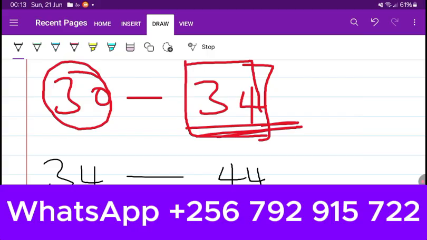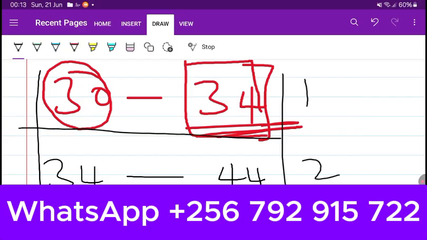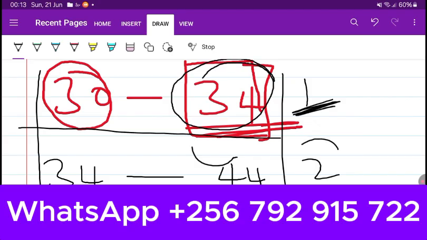The implication is that in this class 1, if this is the first class, this one is 1, this is 2, this upper limit of 34 is not included in this first class, but it is included in this second class. Because the class is 30 to 34, then the next class starts with 34 to 44. It means this 34 here in the first class is not inclusive there.